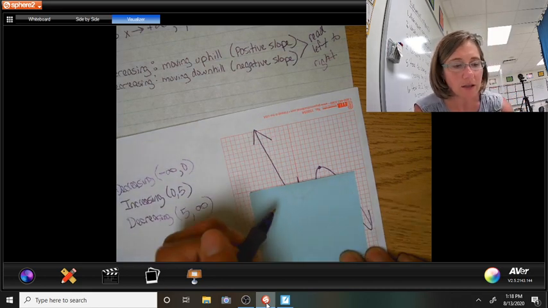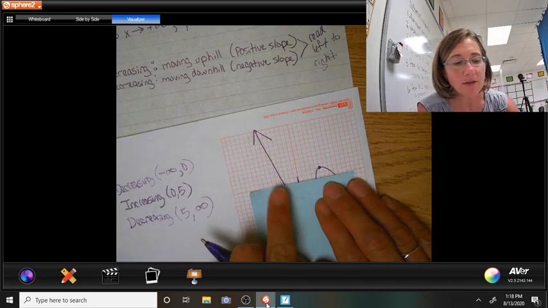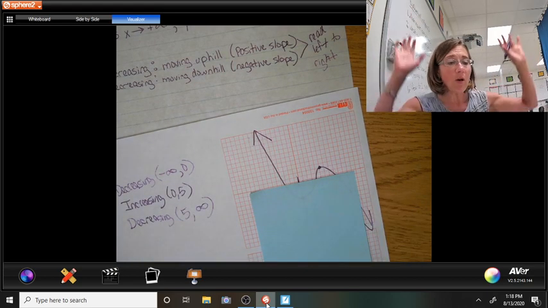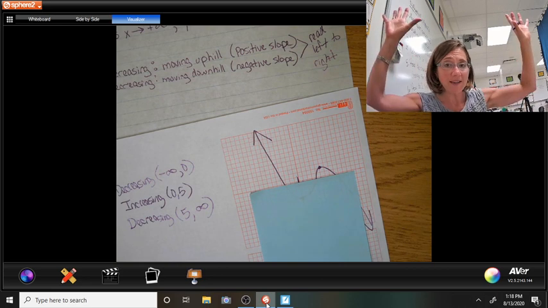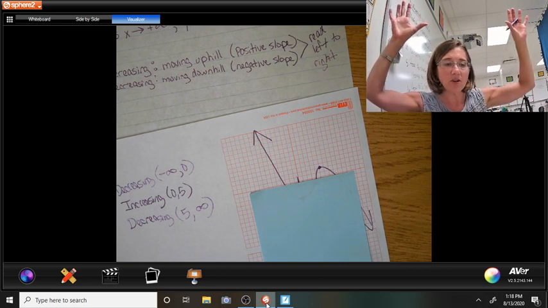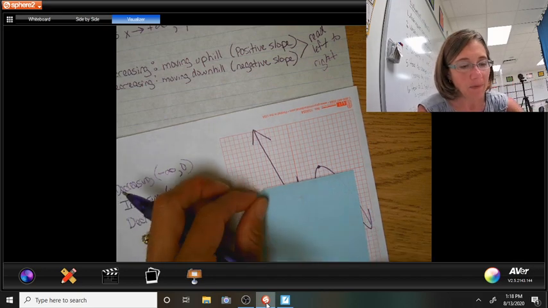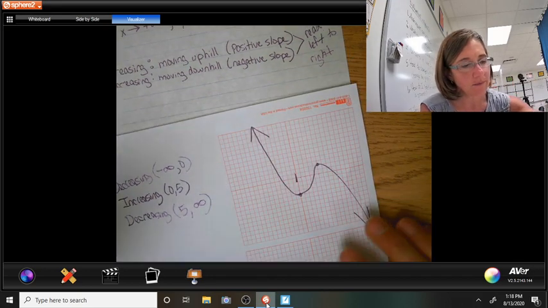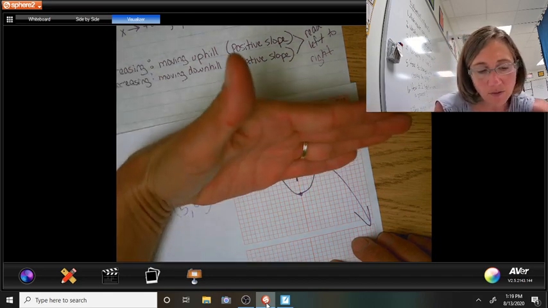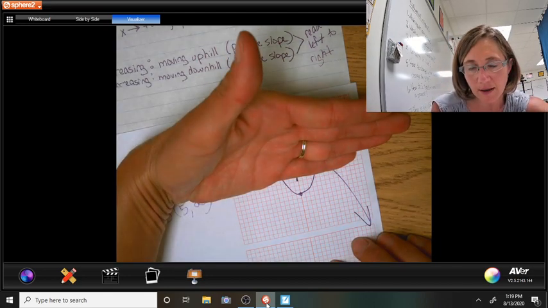Okay, so like this is water here. Everything you see above this is above 0 as far as the y's go. So that would be positive values of the function. And then if I move this, you can see the parts that are below 0 would be these parts of the graph.